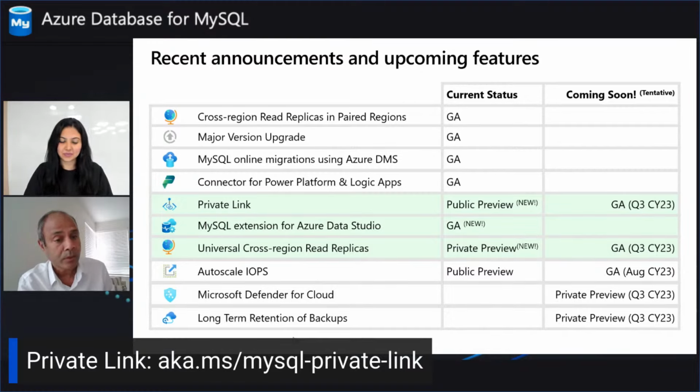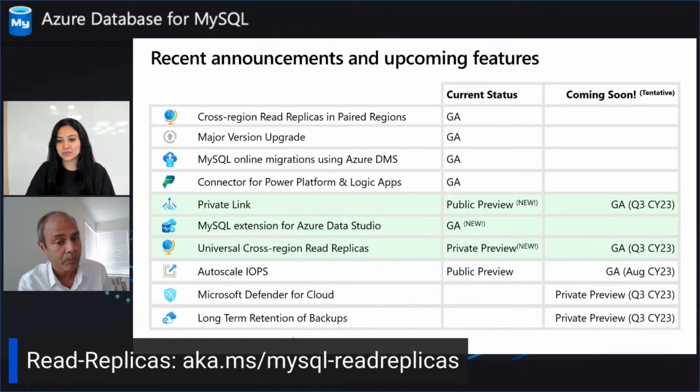The next feature is the MySQL extension, which we briefly talked about. It's already GA now, so you can use it freely. The third feature is universal cross-region read replicas. The universal cross-region read replica is basically the read replica in the non-Azure paired regions. We already have the paired region read replica available, which has been in GA for a while now.